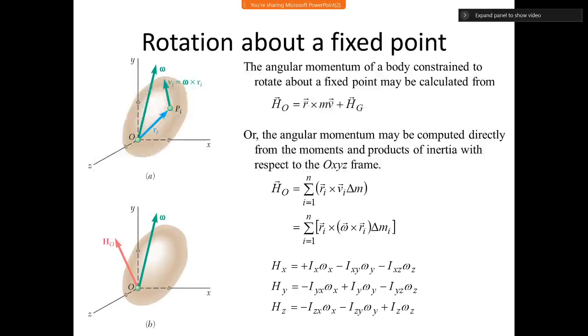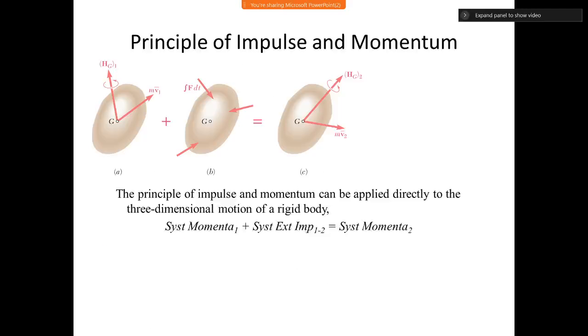Now, right now we have seen momentum, and I just want to write the principle of impulse and momentum. It says that in configuration 1, or configuration A, the system has a linear momentum mv and an angular momentum Hg1. Then from t1 to t2, or from configuration A to configuration C, there are intermediate impulses acting on it, the integral of F dt.